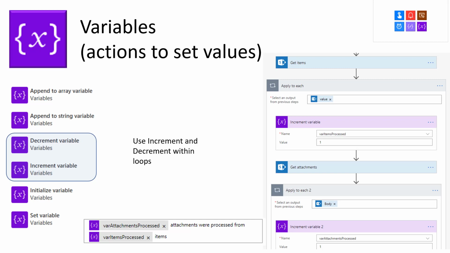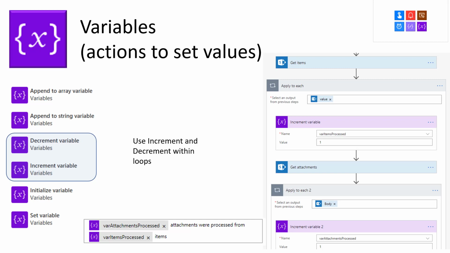I'm incrementing a variable called items processed so that each time it loops through one of the items, it adds the value 1 to the items processed. And of course, I had to initialize that variable prior to entering the loop. I just initialized it as a numeric variable.